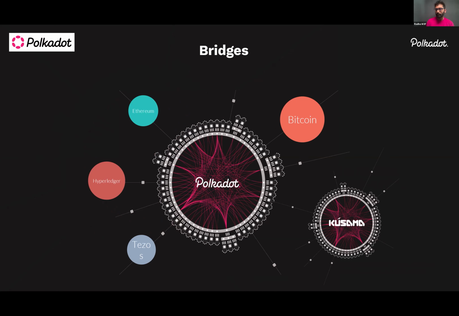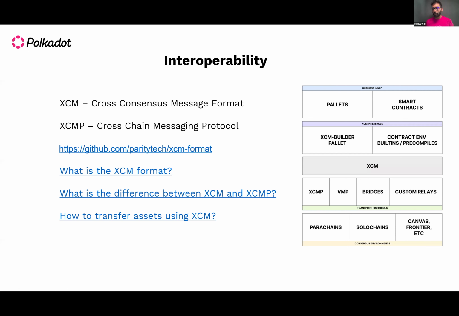So the first thing is there are already ecosystems out there, and there are bridges in development. Any sort of economy or functionality that you have in Ethereum or Bitcoin or Kusama, you can actually bridge to Polkadot. So these are under construction. But the main thing about becoming a parachain is being able to talk to other parachains.